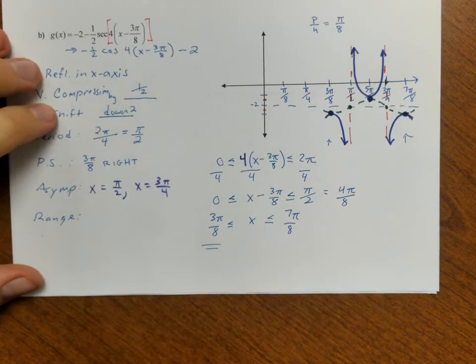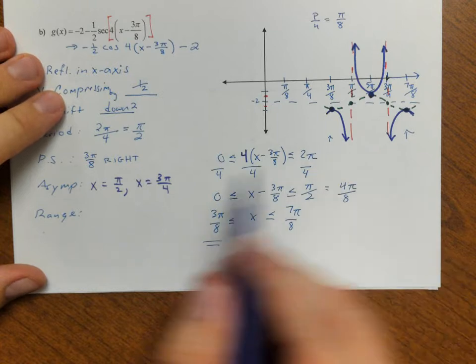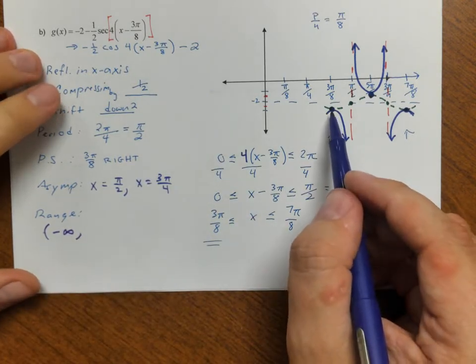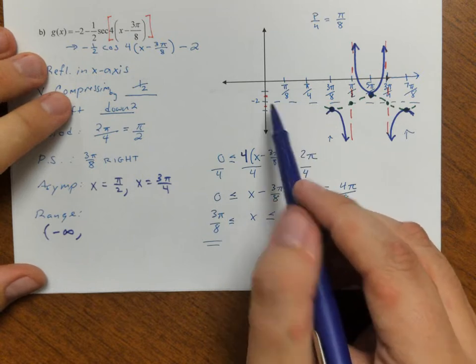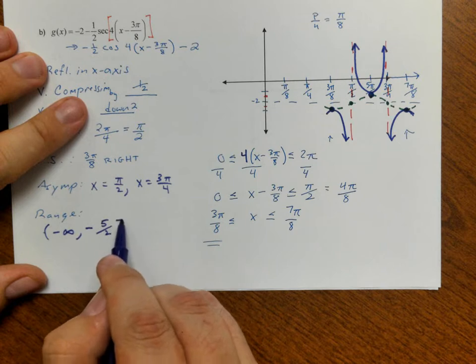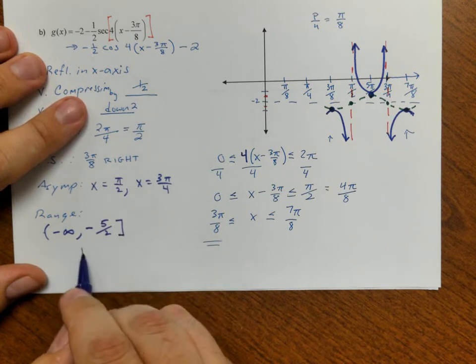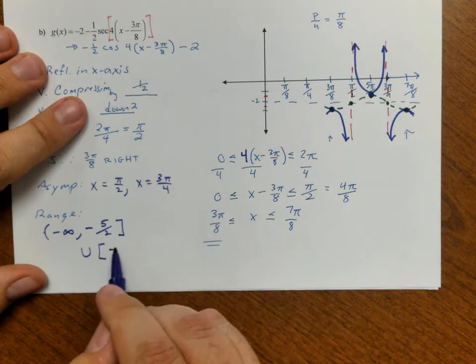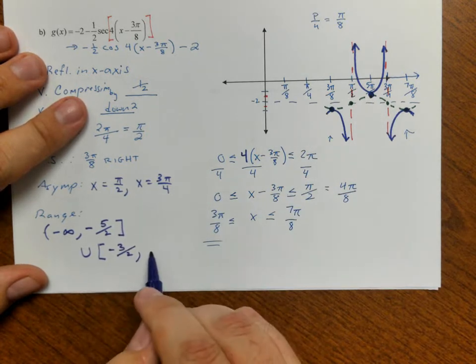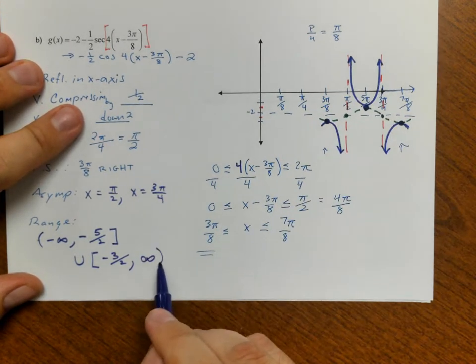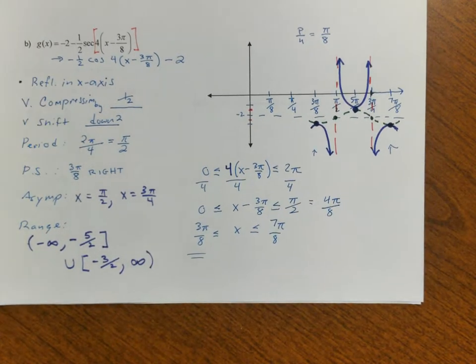The range, well, I can see I'm going down to negative infinity. From negative infinity, I come up to negative 2.5, or negative 5 halves, bracket, union. Up here, this is negative 1.5 or negative 3 halves. And from there I go up to infinity. So that is my secant curve.